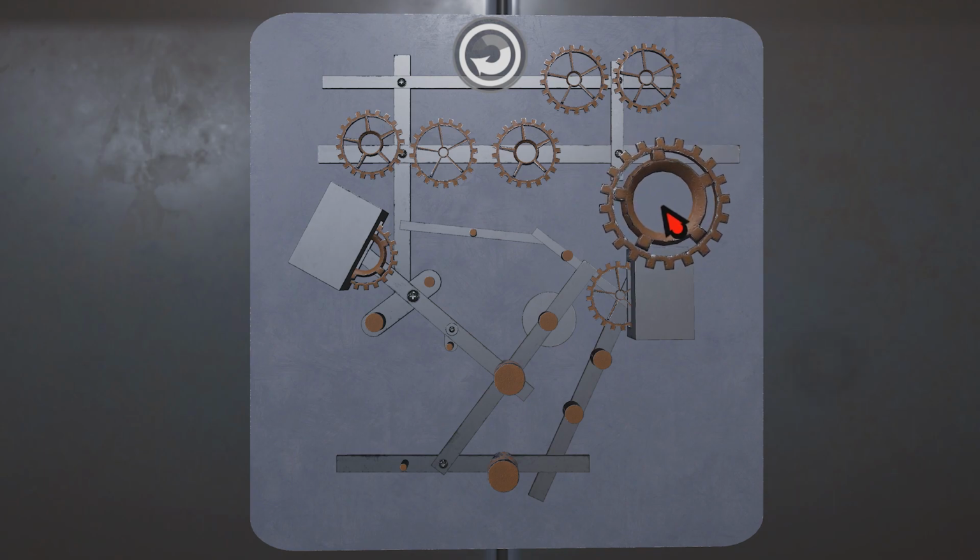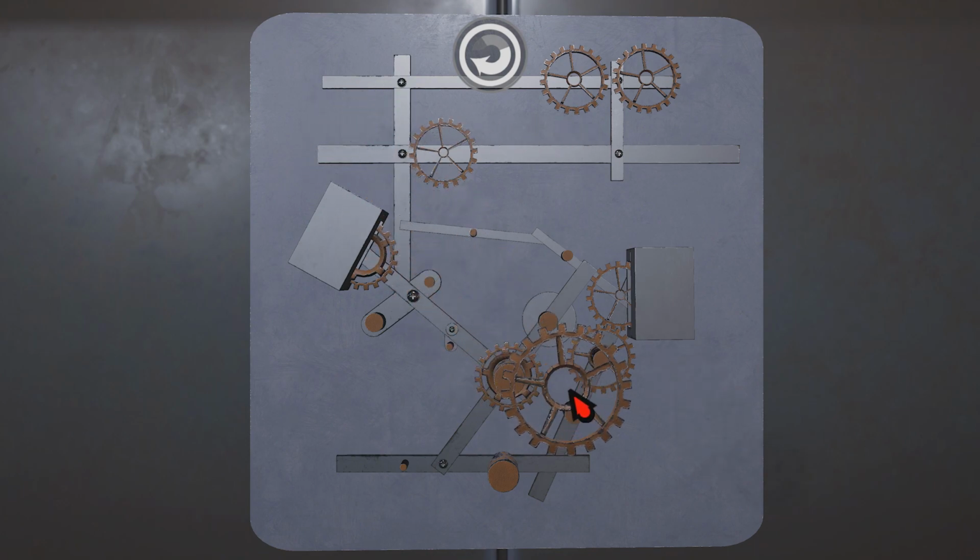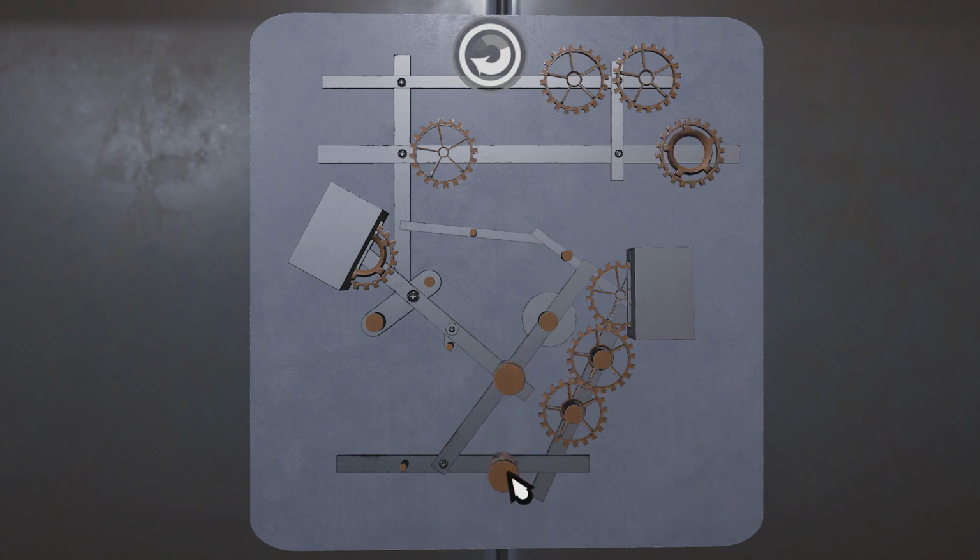Okay, so we got this big one. That obviously has to go on one of the big ones. And this small one. No? Medium one? Doesn't reach though. I need to put a medium there. And there, but now the big one doesn't reach.